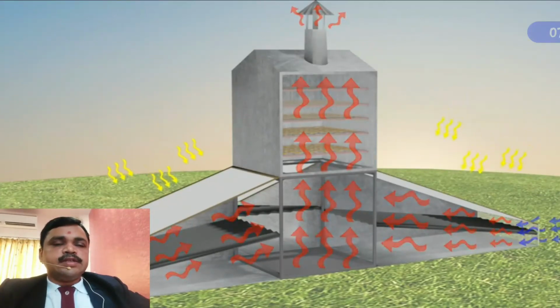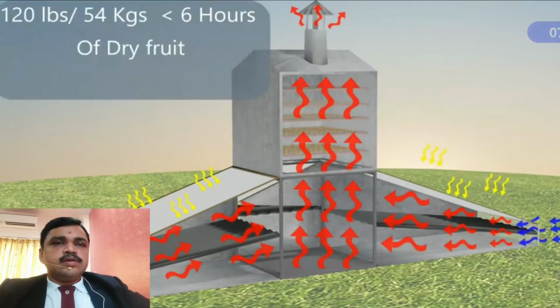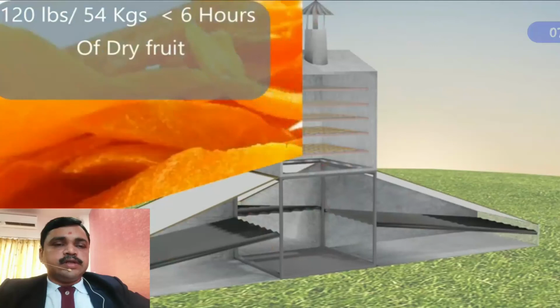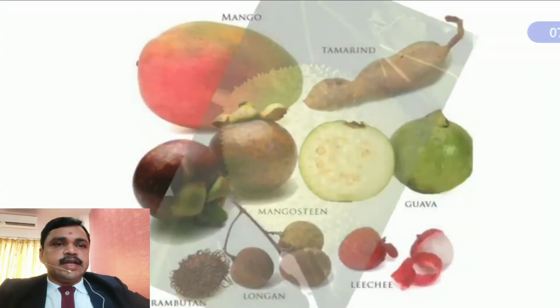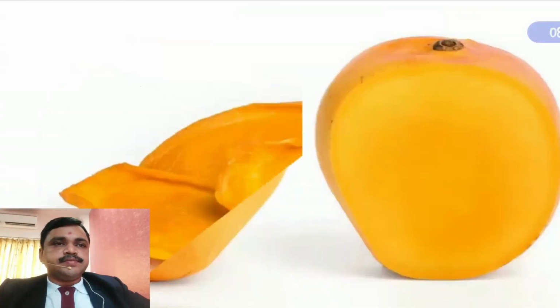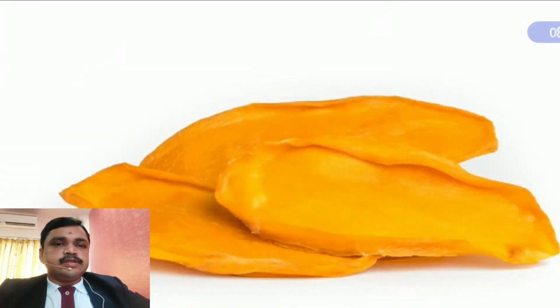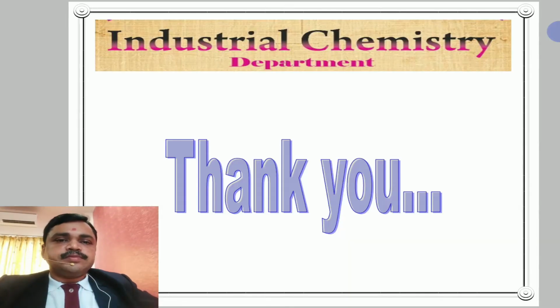Solar radiation takes place. Cold air is transferred into hot air and is passed into our wet product, which is dried during the day. This type of product is dried in this type of cabinet. Thank you.